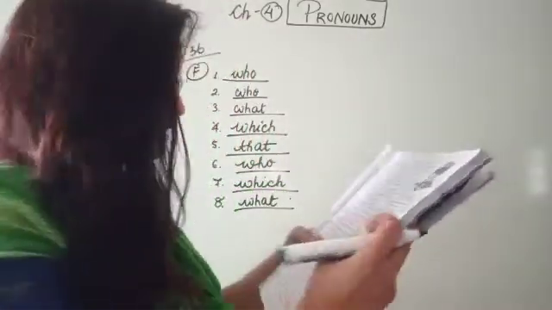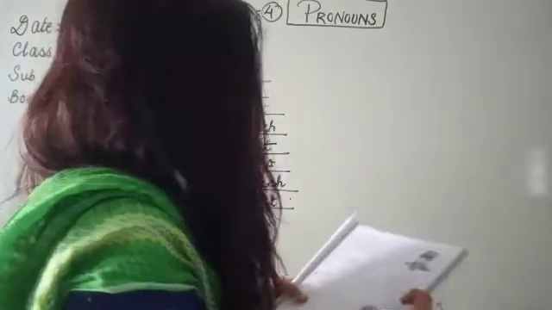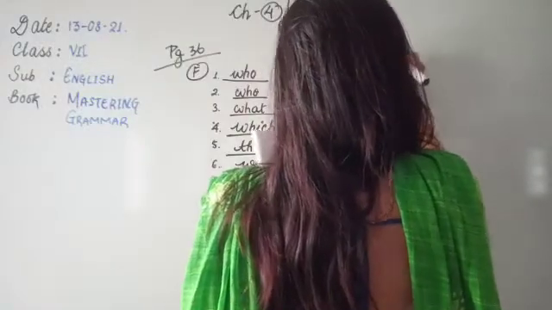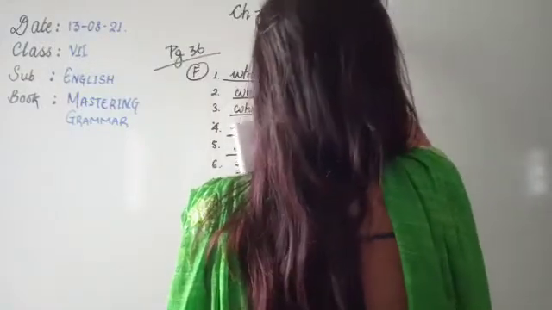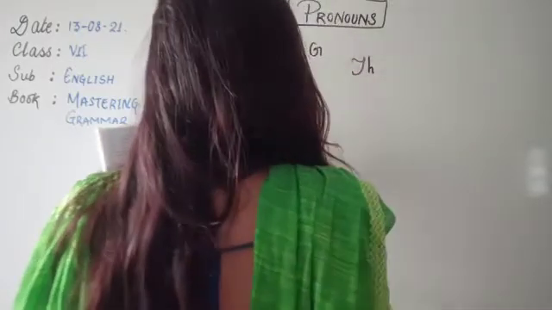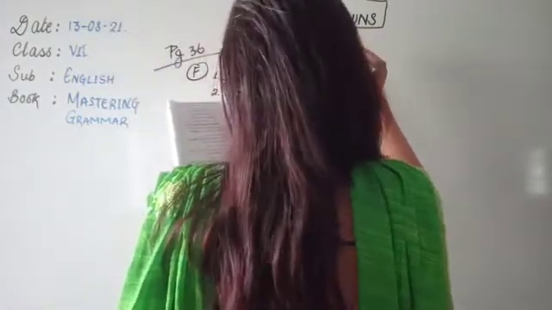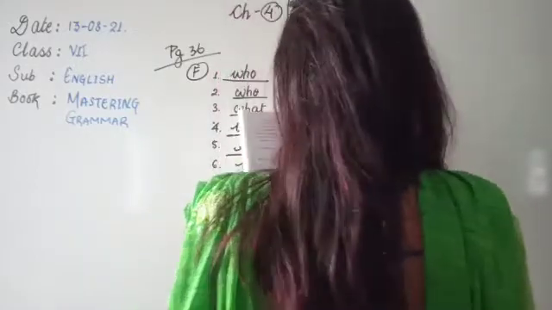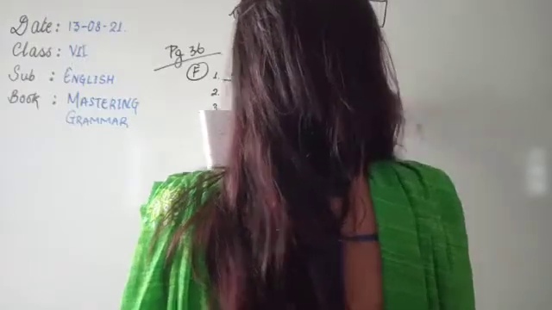Let's do it. This is the house in which I lived for. So this is exercise G, page 37, number 2.